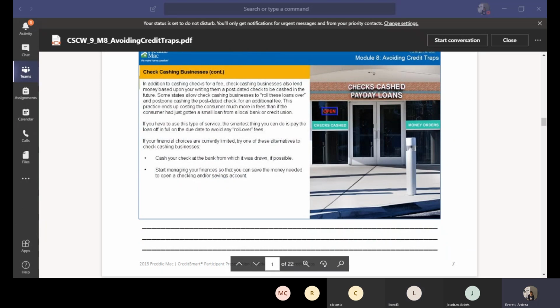And that can really hurt, because if you have this type of service, the smartest thing you can do is to pay the loan off in full on the due date to avoid any rollover fees. They will postpone cashing the posted check for an additional fee, and this practice ends up costing the consumer more in interest fees than if the consumer had just gotten a small loan from a local bank or credit union, right?